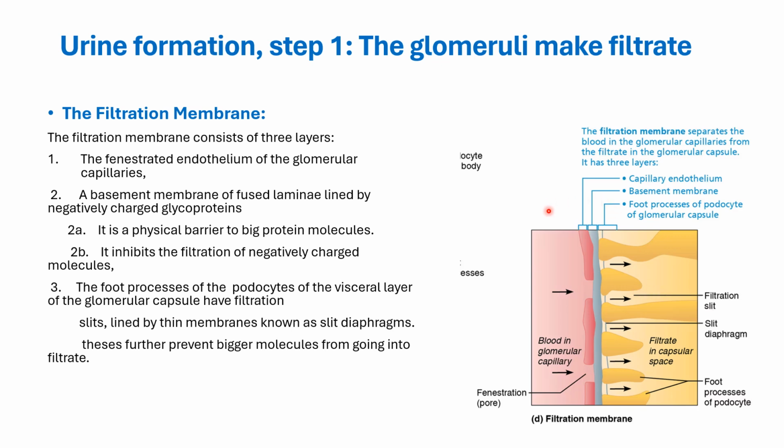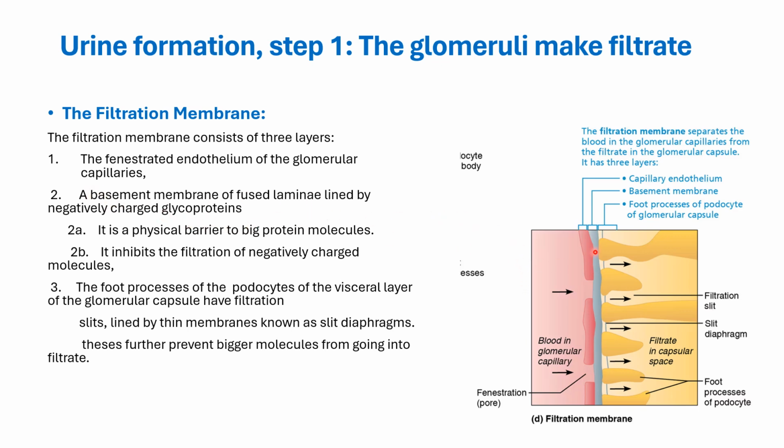So this is our filtration membrane, and because of the pores it is really porous, but because of the checkpoints, this slit diaphragm, only small molecules can pass through. Also this filtration membrane is lined by negative glycoprotein which has a negative charge.